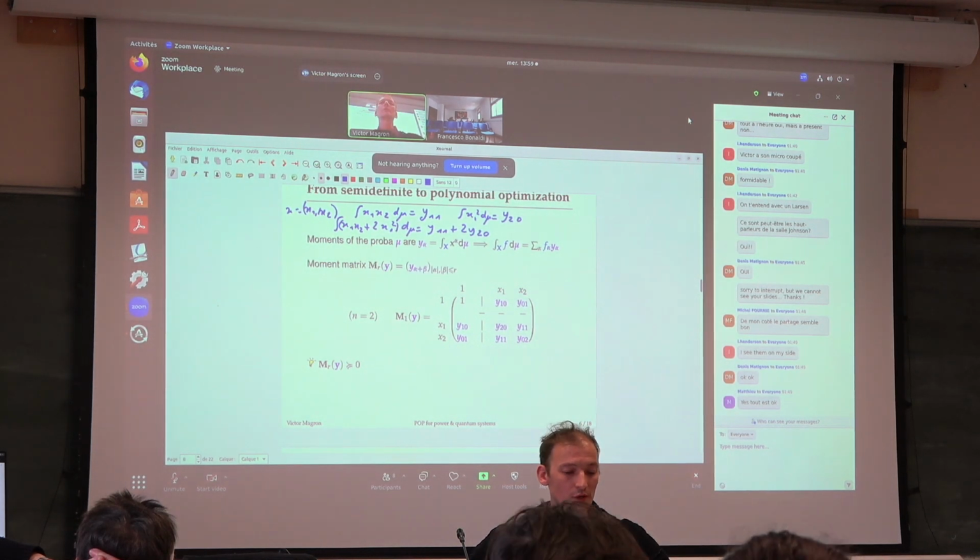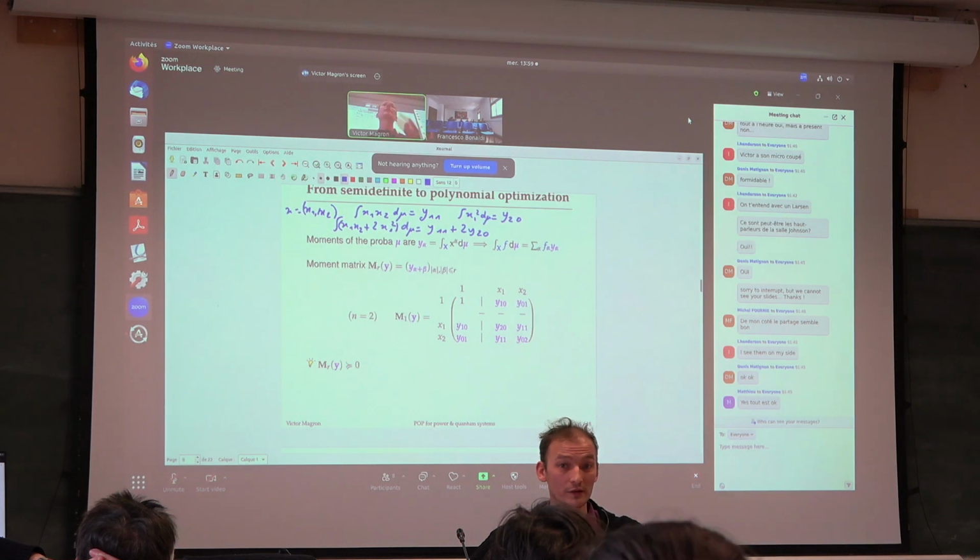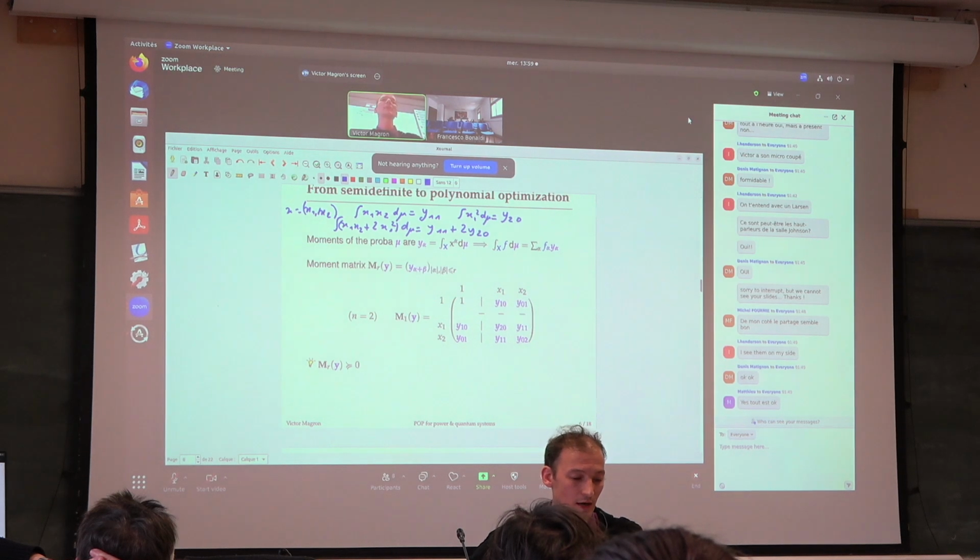And so actually, the basic idea behind this hierarchy is that you're going to linearize everything as if you would integrate all the nonlinear terms. Okay, so for every nonlinear monomial, you're going to associate an additional variable to your optimization problem. And this optimization variable will be the y alpha.